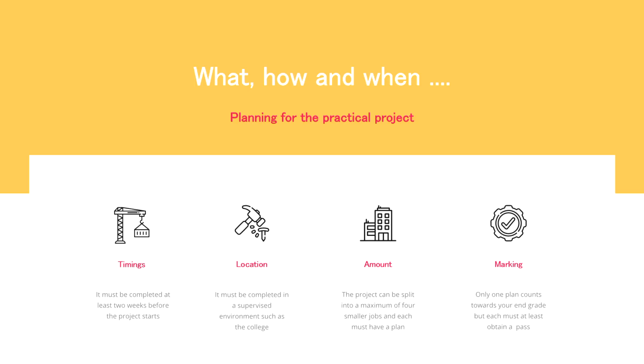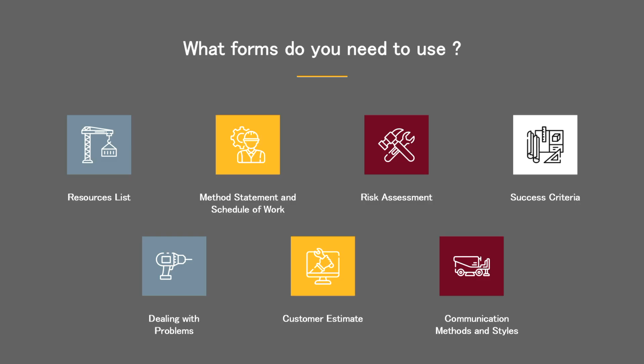Amount. The project can be split into a maximum of 4 smaller jobs, and each must have a plan. And finally, marking. We have to remember only one plan counts towards your end grade, but each must at least obtain a pass. So what forms do you need to use? Well, we'll go into each of these in more detail on the next slides, but let's have a look.